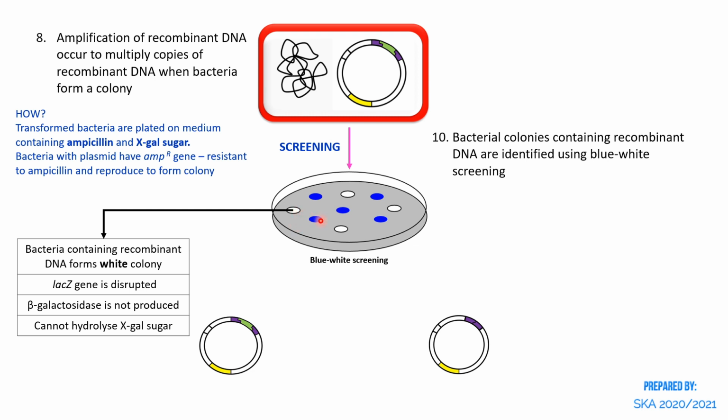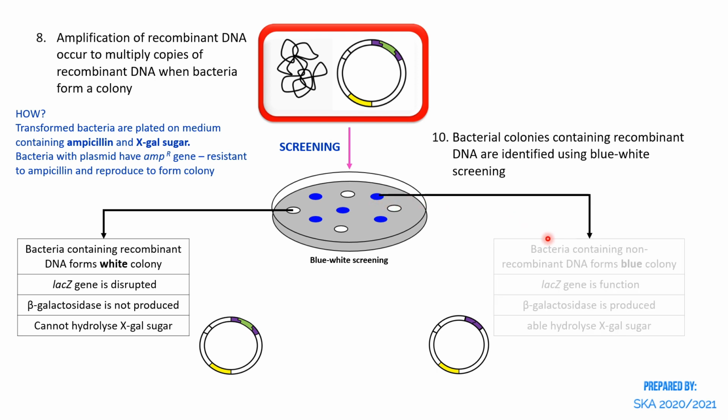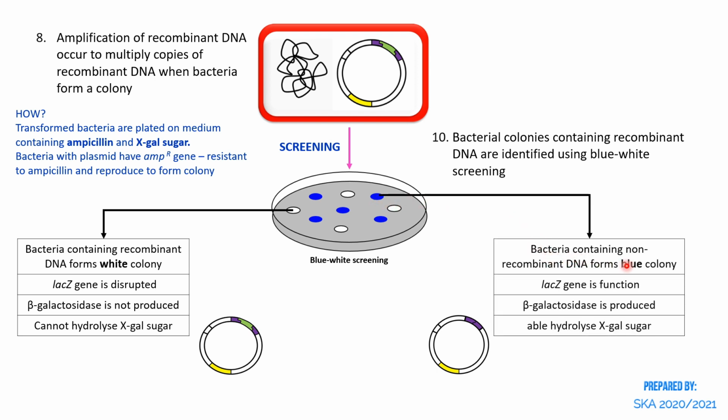Next, we go to the blue colonies. The blue colonies show that the bacteria contain non-recombinant DNA or non-recombinant plasmid. Now, let us look at the structure of non-recombinant plasmid. So this plasmid has an intact lacZ gene.